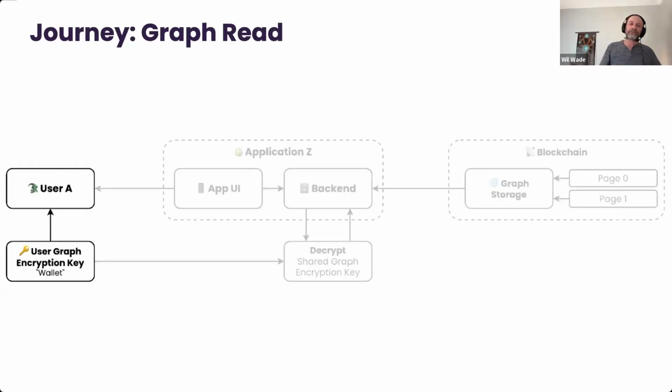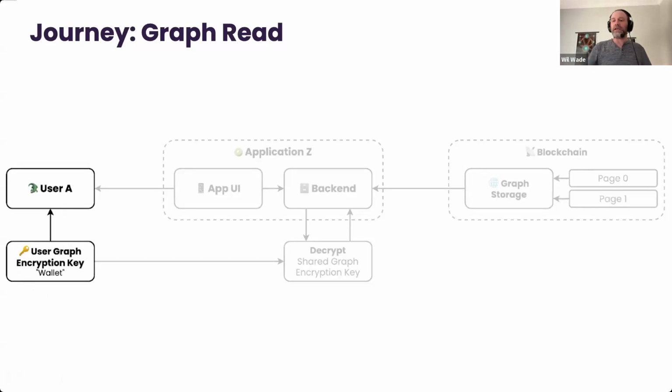But we can also look at the other side of this, right? Writing to the chain, creating a graph, is one thing. Let's read it back out. So again, here the user has in their wallet this graph encryption key, the wallet being where you store all these keys.